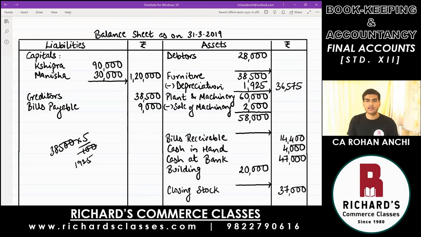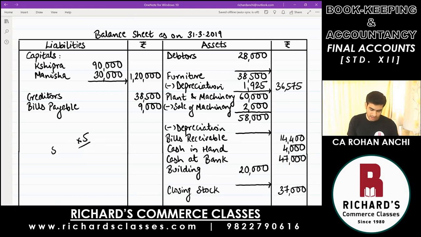Each one do your own calculation and verify whether you are getting the same result. That way we all will have the same answer. So please do your own calculation. Okay, one asset, we have done the depreciation. Let's move on to the next. You see there is plant and machinery. Right, minus depreciation. This time amount is 58,000.